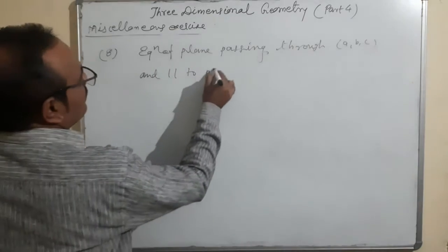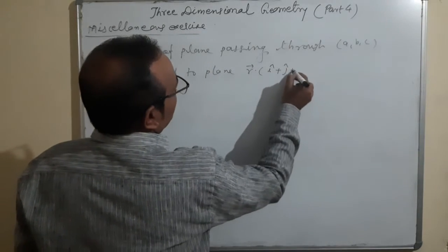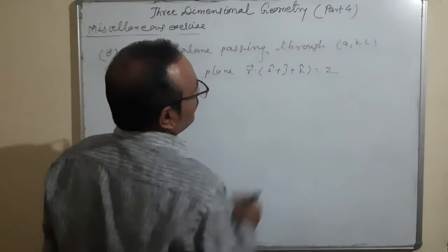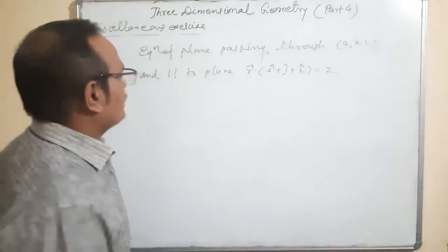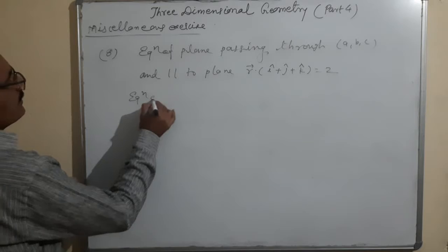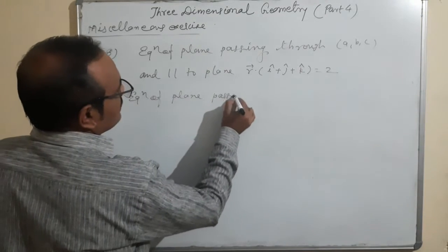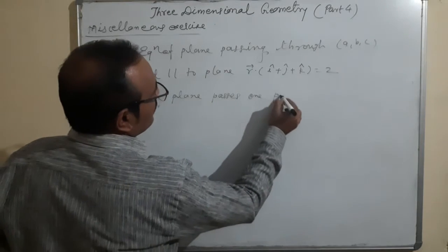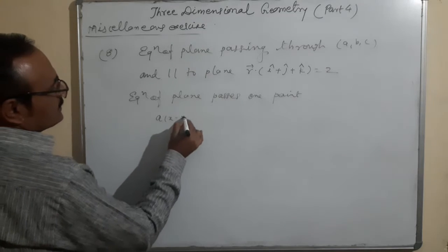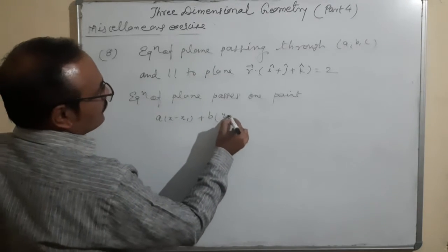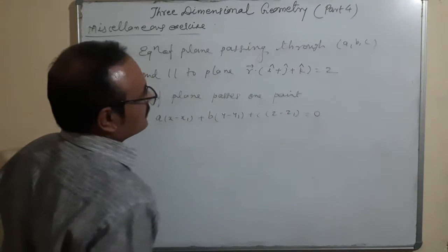Parallel to the plane vector r dot (i plus j plus k) is equal to 2. The equation of the plane passing through one point has the formula a(x minus x1) plus b(y minus y1) plus c(z minus z1) is equal to 0.